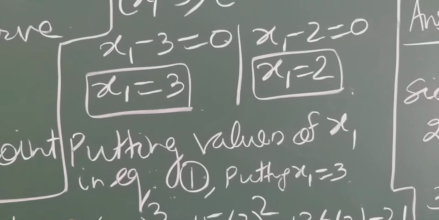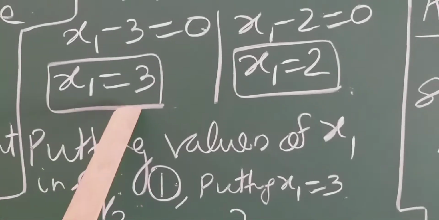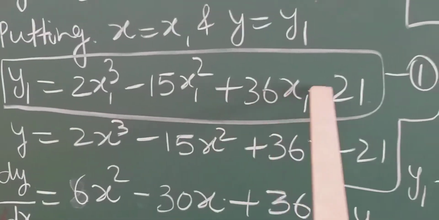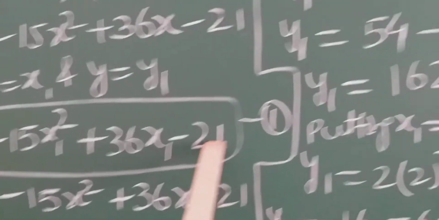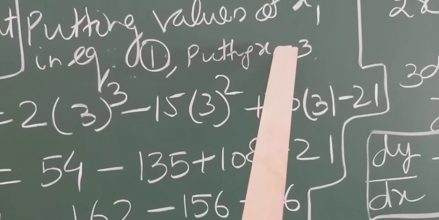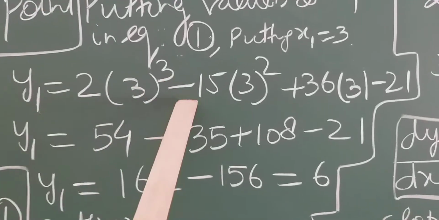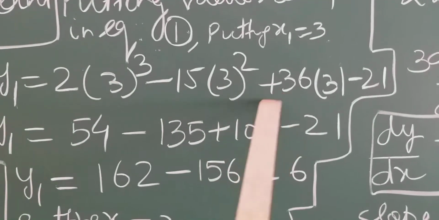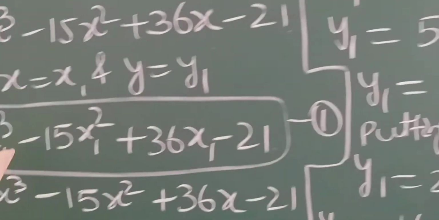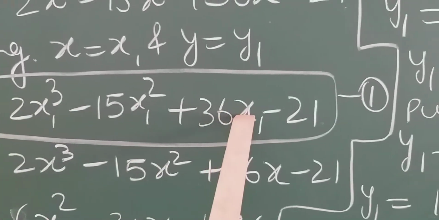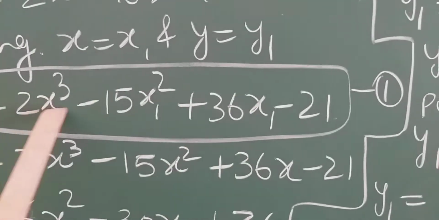Let us find the value of y1 by putting the value of x1 in equation number 1. First we put x1 equals 3 in equation 1: y1 equals 2 times 3 cube minus 15 times 3 square plus 36 into 3 minus 21. Here at the place of x1 we write the value of x1, 3.